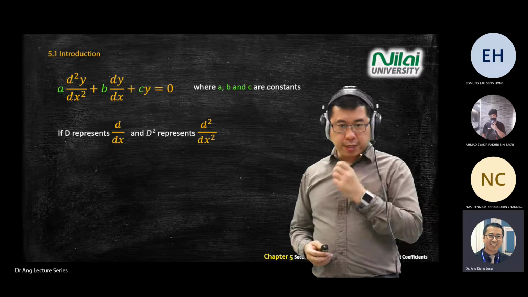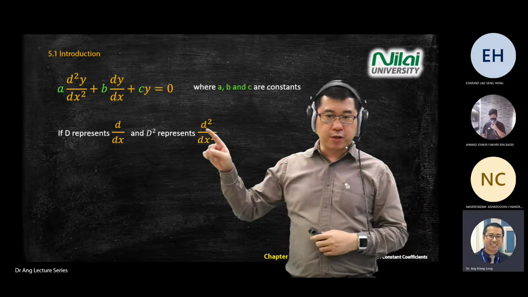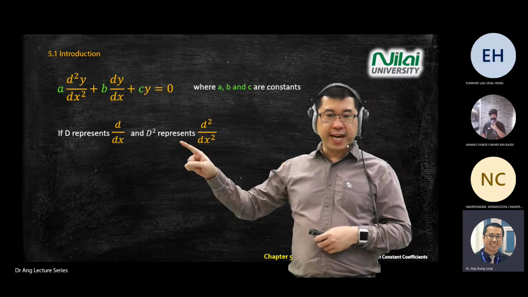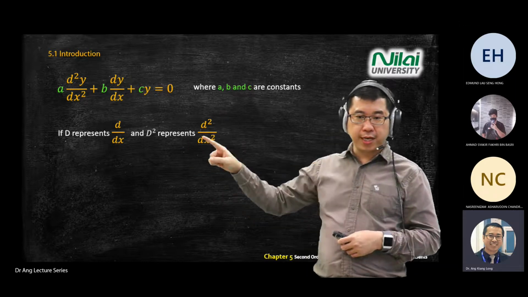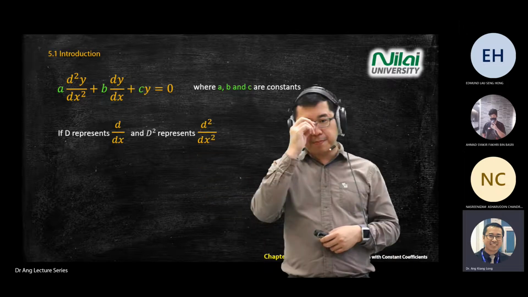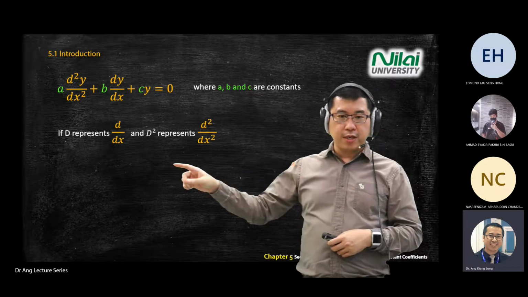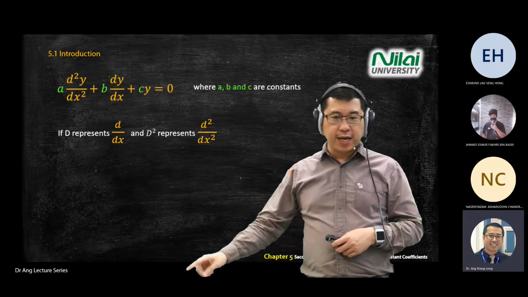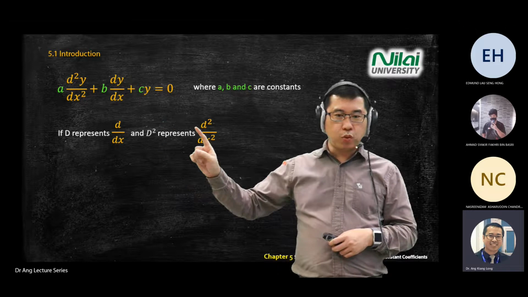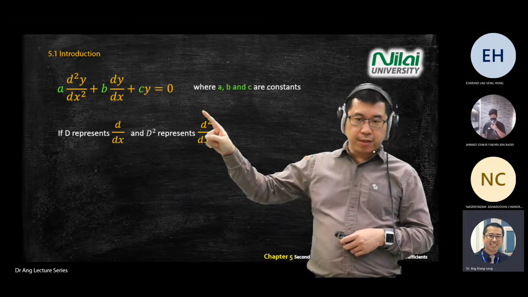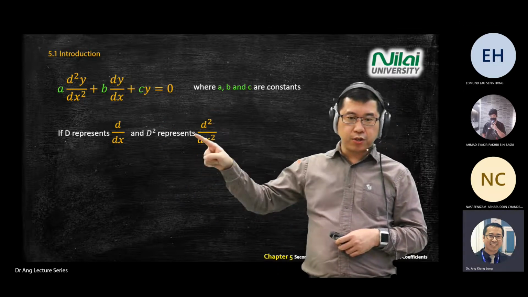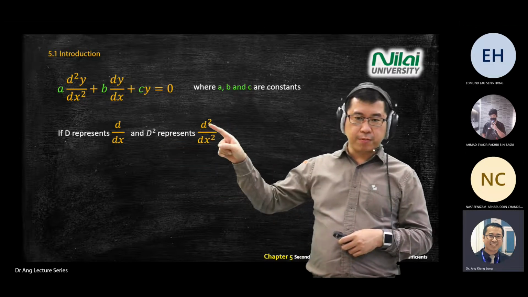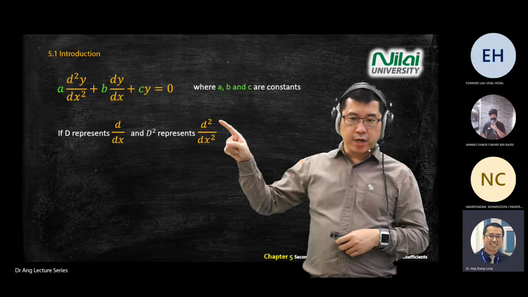In this chapter, because all these equations are very troublesome, it is very handy to use shorthand if you have a long equation to calculate. So in this lecture, I will use capital D to represent d over dx. I will use D power 2 to represent the second order differential, d square divided by dx square.